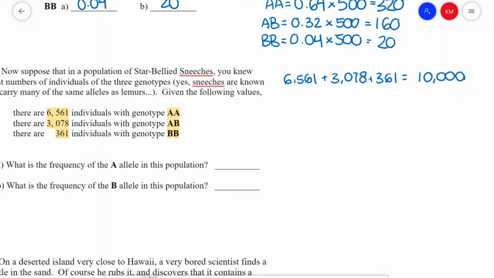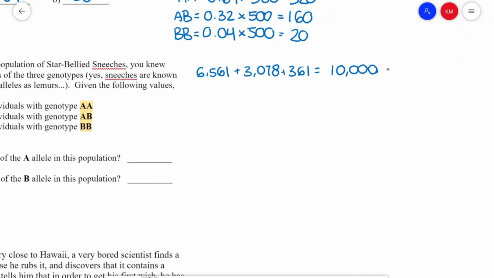Well, the problem is asking us to find the frequency of both the A allele and the B allele. And we know that each individual in the population has 2 alleles, right? Because you either have AA, AB, or BB.